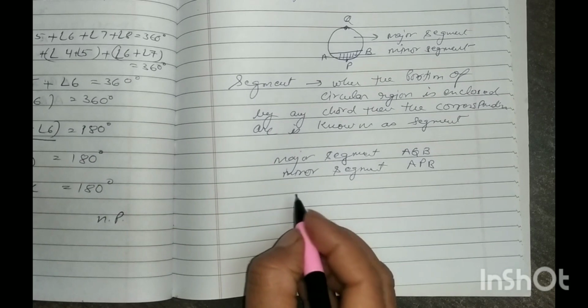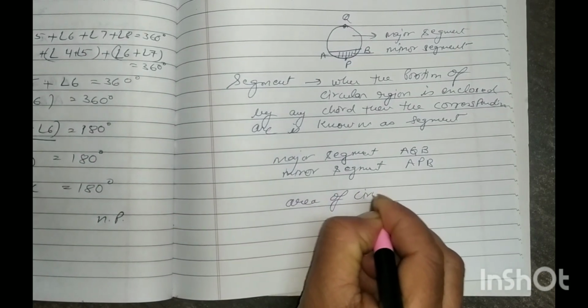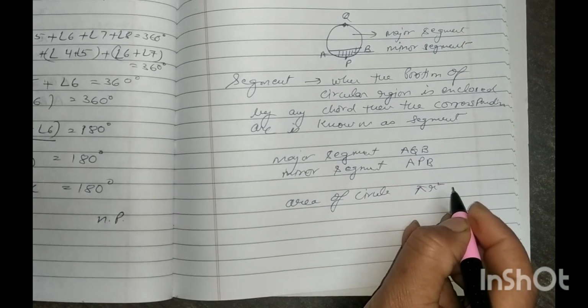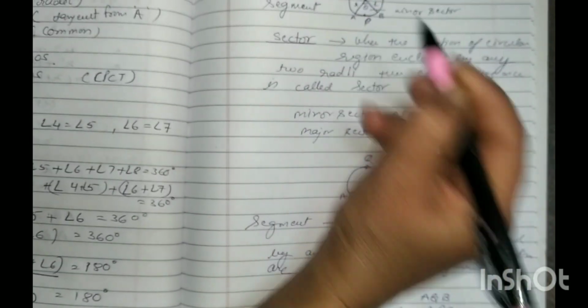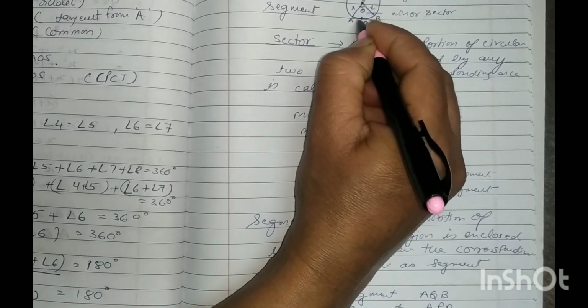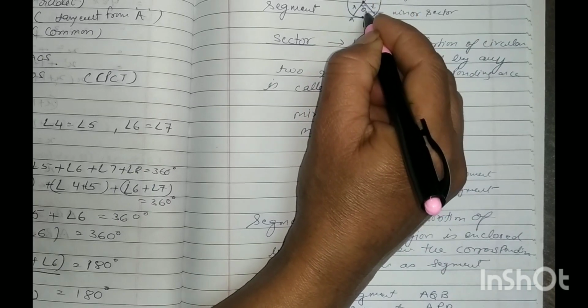So area of a circle. Area of circle is pi r square. Now in a sector, we can take the angle theta, meaning the minor part is theta, है ना.